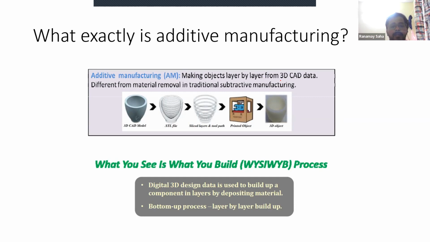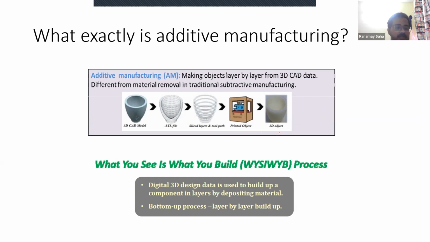The 3D CAD model you first design in some CAD software such as AutoCAD or SolidWorks or CATIA, right? And then you save it as an .stl file, you slice the layers, and set the tool path. Then you just deposit the material layer by layer to finally develop the 3D object.